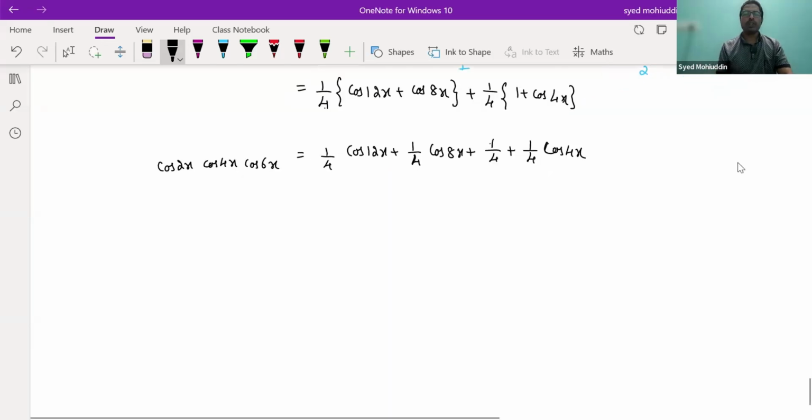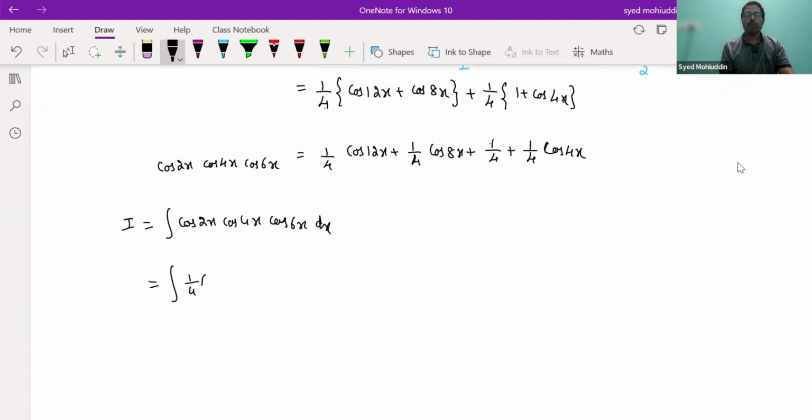So if we try to integrate, we have I is equal to integral of cos 2x, cos 4x, cos 6x into dx. But we have got this value as 1 by 4 times of cos of 12x, so this entire is one term, plus 1 by 4 into cos of 8x, plus 1 by 4, plus 1 by 4 times of cos of 4x, times dx.